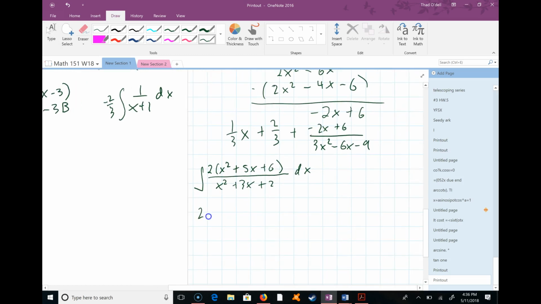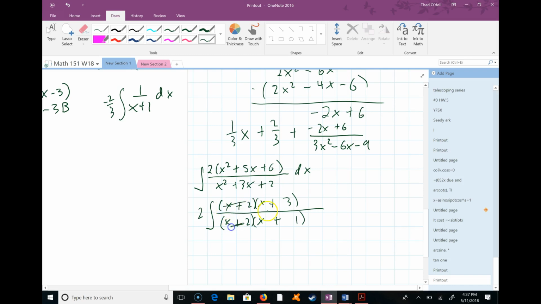And then we could factor the top and the bottom just to make sure we don't do something like we did last time and make a problem harder than it is. So this would be 2 times x plus 3 and x plus 2. And on the bottom, I would have what? x plus 2 and x plus 1. And sure enough, the x plus 2's can cancel out, can't they?